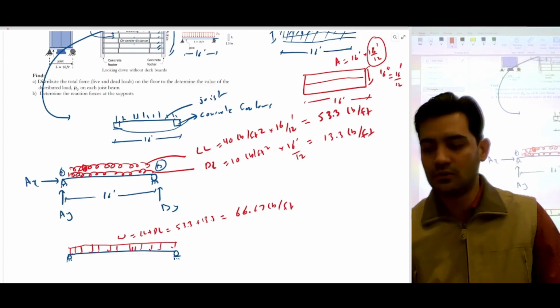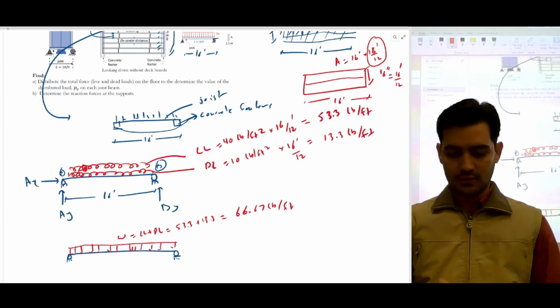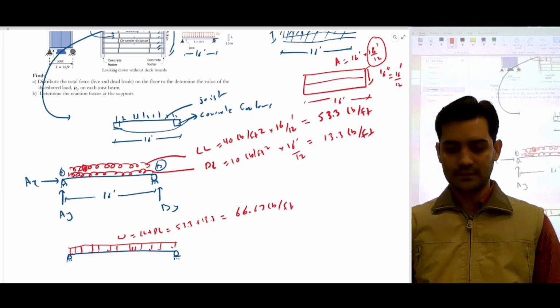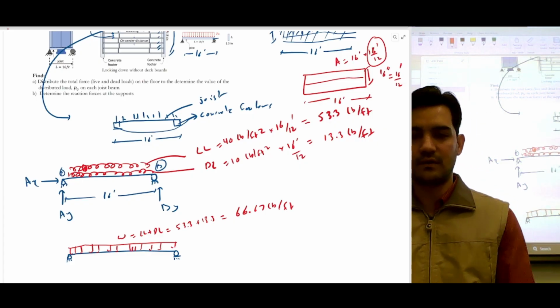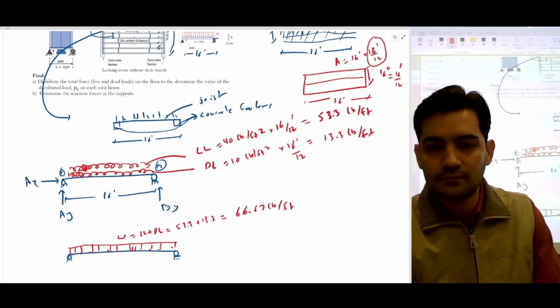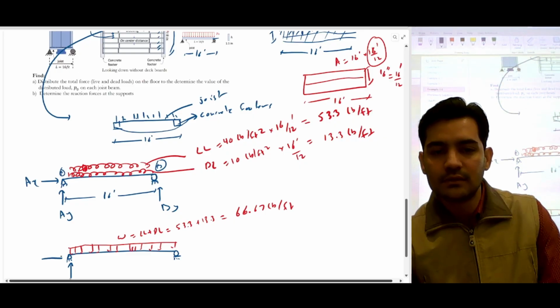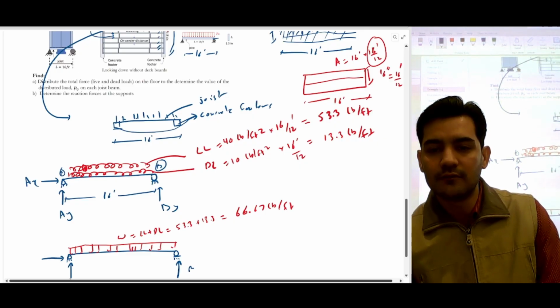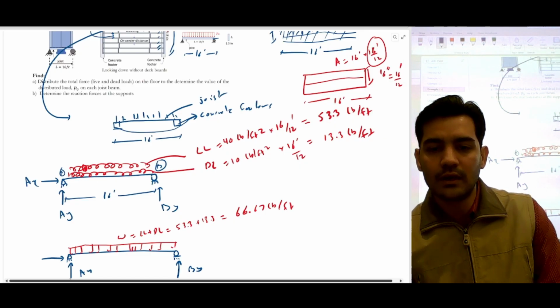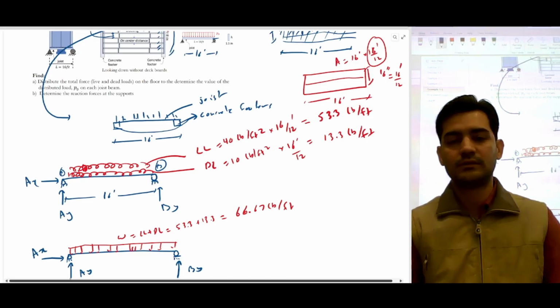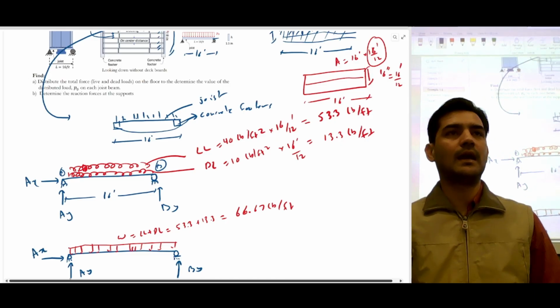So that's the total load. And we know for a simply supported case, these are the reactions. You have By, you have Ay, you have Ax. So now you can calculate the reactions.